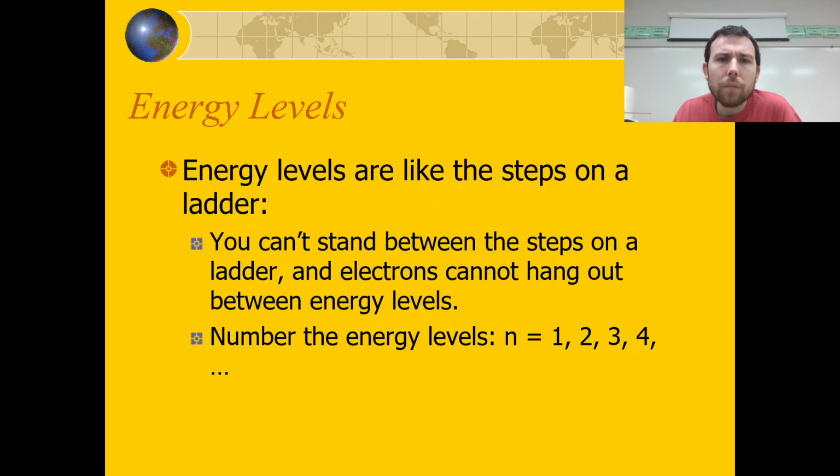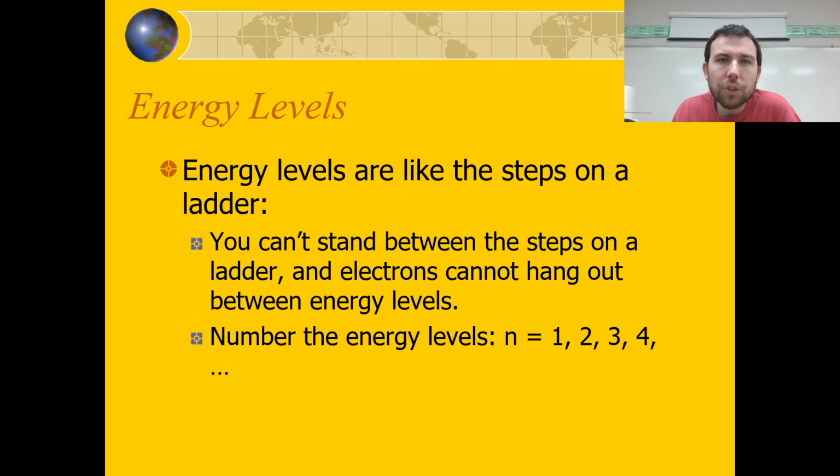And so you number the energy levels, n equals 1, 2, 3, 4, and so on and so forth. n equals 1 is going to be closest to the nucleus, and as we get farther and farther away, to those higher and higher numbers, that means that the energy level is farther and farther away from the nucleus.